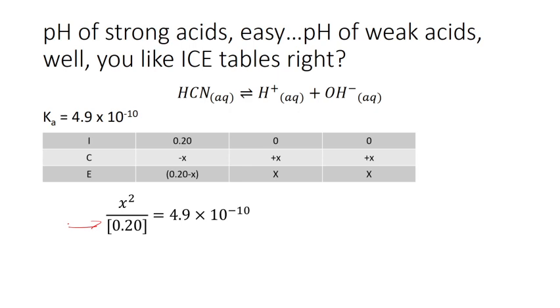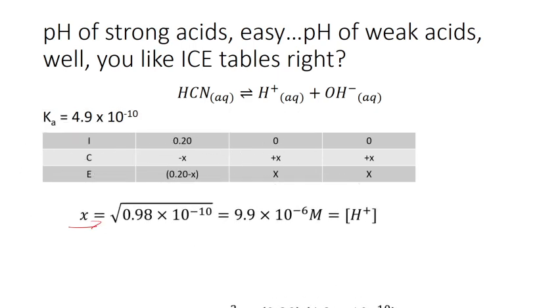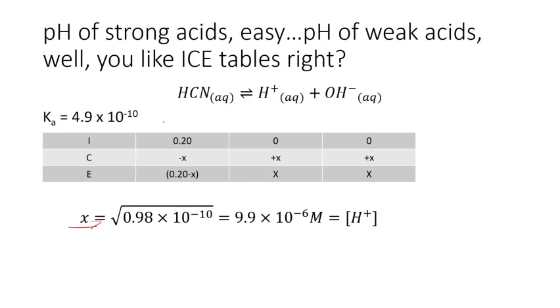All right, so now multiplying both sides by 0.20, we get something that looks like this, where x squared equals 0.2 times 4.9 times 10 to the negative 10. We simplify that even further, and we get x is equal to the square root of 0.98 times 10 to the negative 10, which equals 9.9 times 10 to the negative 6 molar.